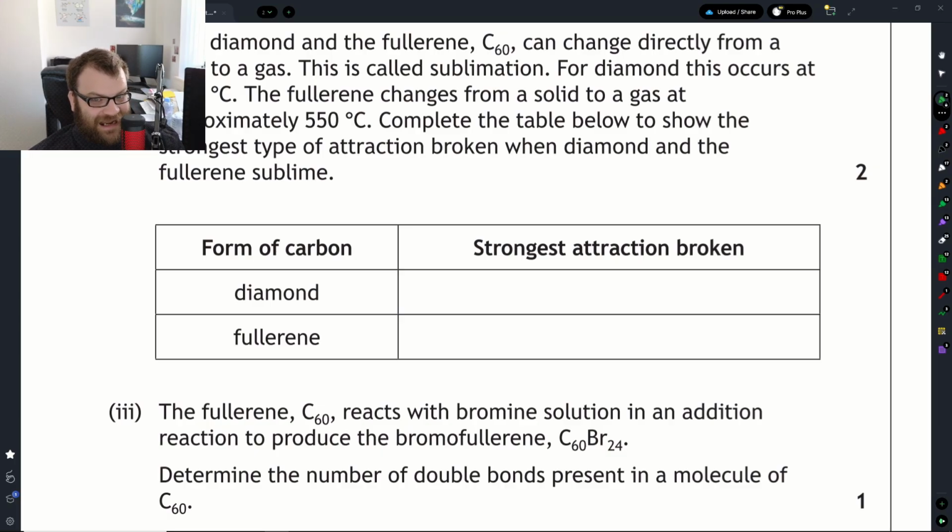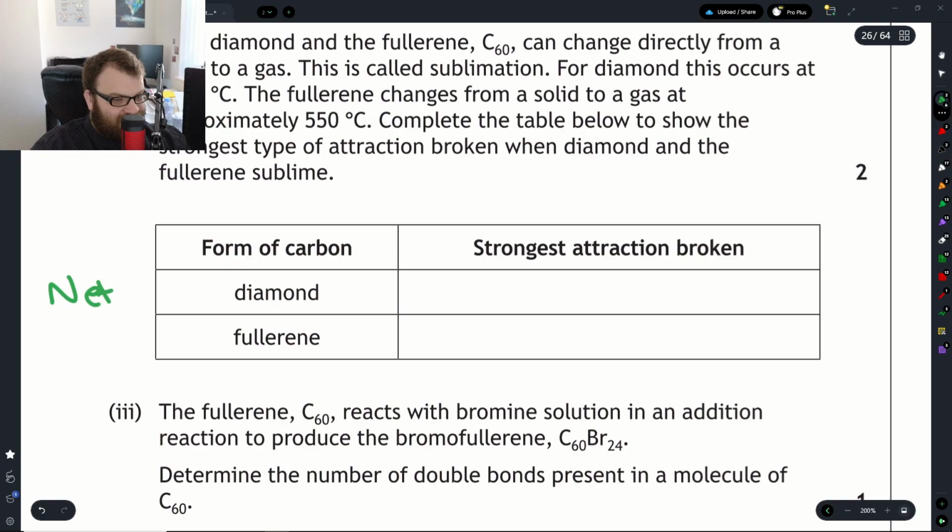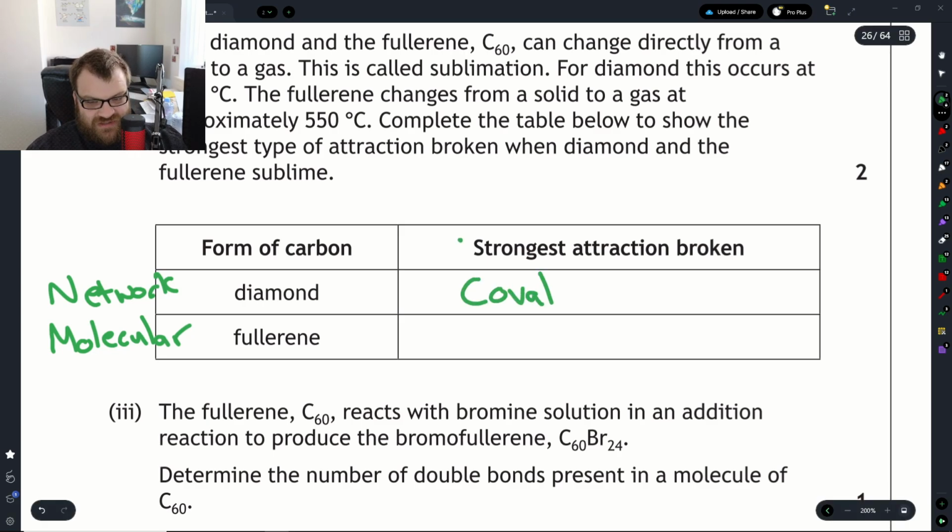We're asked about the strongest attractions broken in carbon diamond and carbon fullerene. We need to be aware that carbon diamond is a covalent network, whereas fullerene is covalent molecular. The reason this is important is if you have a covalent network that you're breaking, the strongest attraction broken will be covalent bonds.